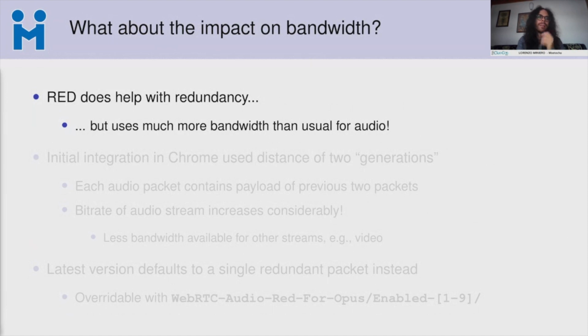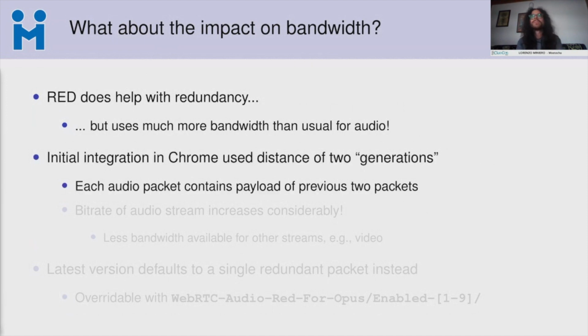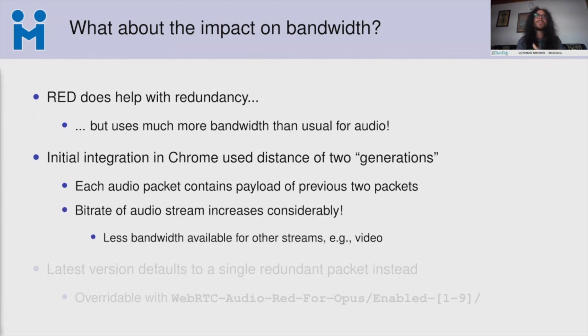So basically, the impact on bandwidth is actually the main issue with RED in the first place, because the fact that you actually put multiple audio packets in the same packet means that you could actually start using a lot more bandwidth than usual for audio itself, which actually may steal some bitrate for the audio streams. And so Chrome initially started sending basically 2 different redundant packets along each new packet itself, which proved to be a bit more consuming in terms of bandwidth.